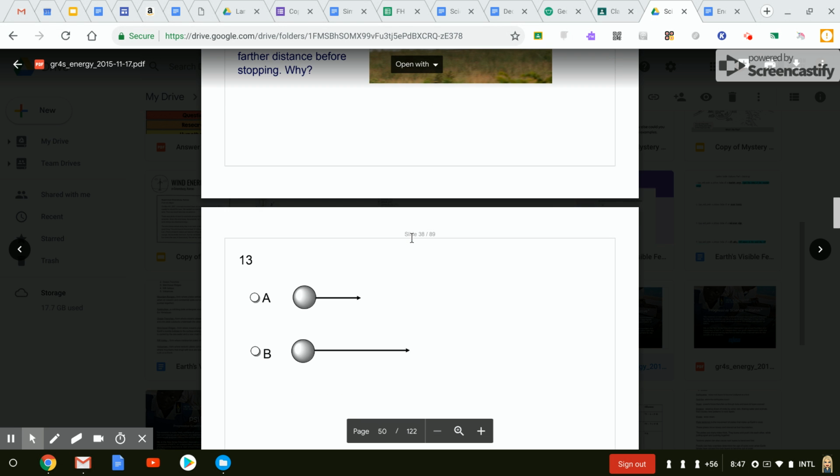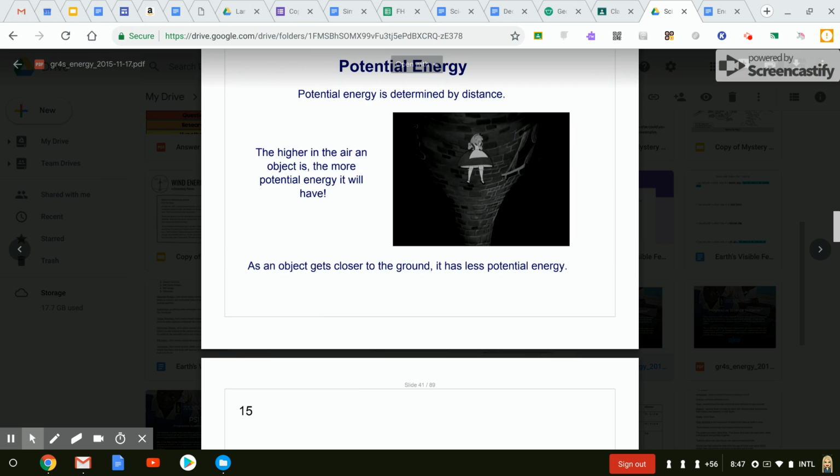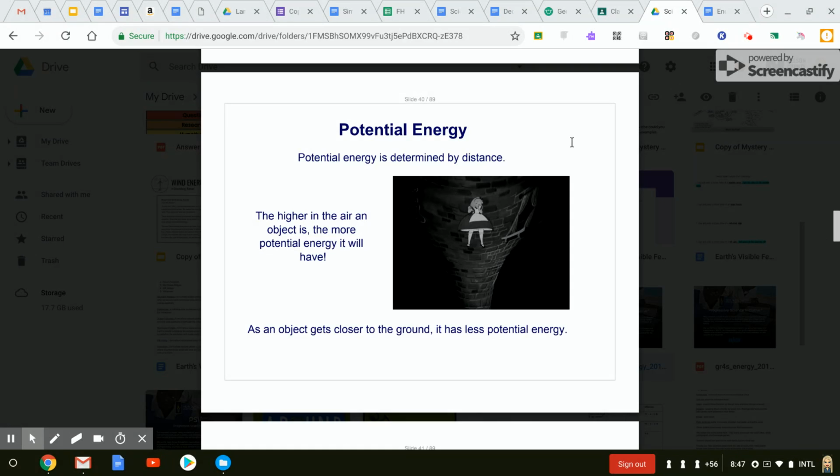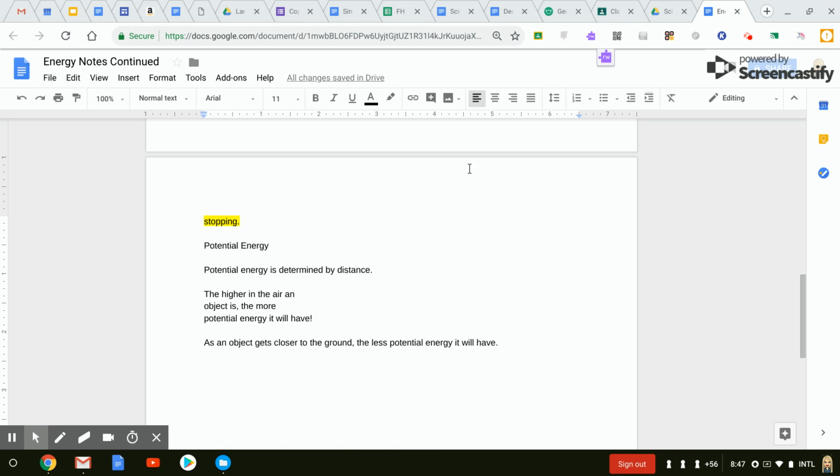And finally, looking at potential energy. Potential energy is determined by distance. So remember, potential energy is when an object is not yet in motion, but has the potential to move.